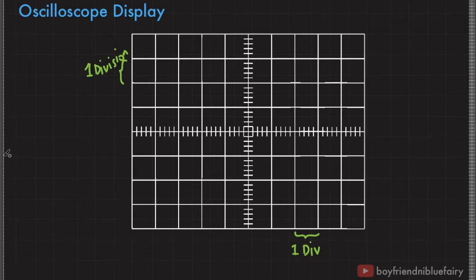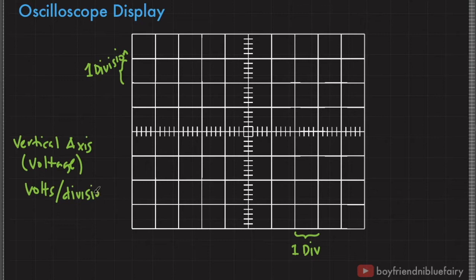So again, the vertical axis refers to the voltage amplitude of the input signal, and the scale is set in volts per division. So again, this is what one division looks like, this line here. This is one division, this is another division, and so on.